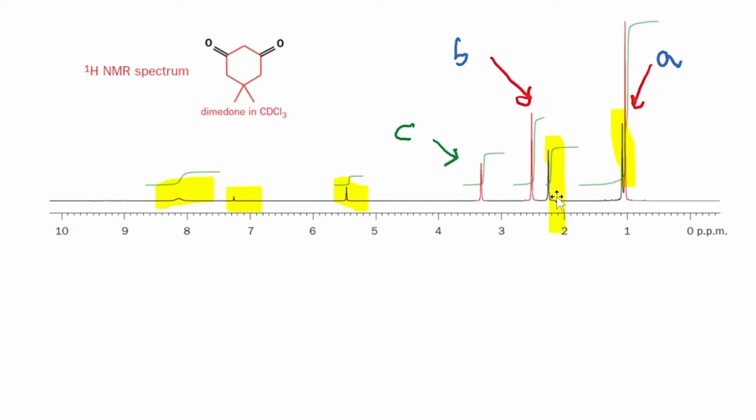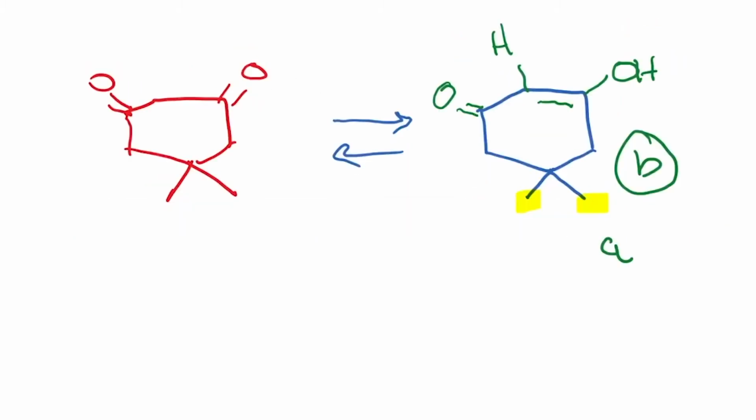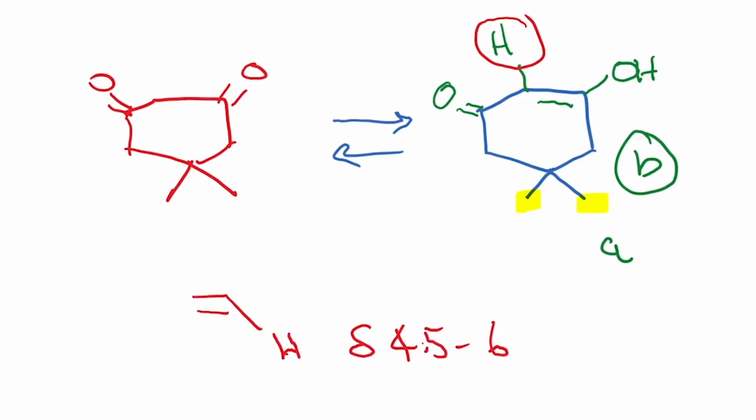And there are further aspects to this NMR spectrum which I will not discuss at this point, but you will see that these two protons which are next to it are going to be different from the other two, and so on. But one more piece of important evidence is the production of this new hydrogen, which from our past experience of olefins, if I just take a regular olefin, shows somewhere between 4.5 and 6, depending on what other functional groups are present.